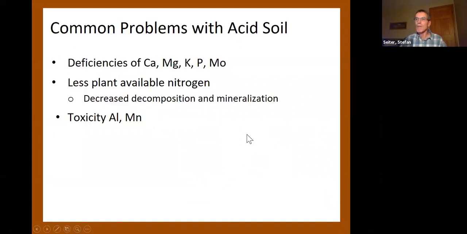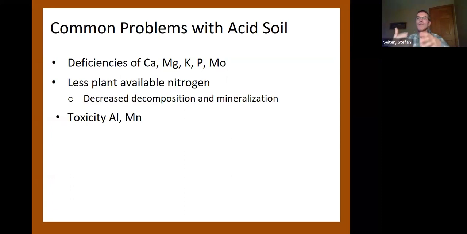And the reason for that is, okay, we run into these deficiencies, and I showed you that slide earlier with the narrow bars and the wide bars. So that's one reason. There's also, once you get into acidic soils, the bacteria don't work as well anymore, and the fungi neither.